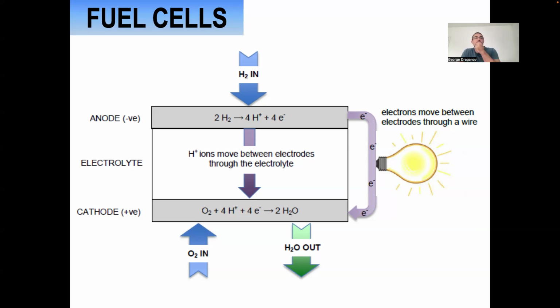But when you're dealing with these cells, it's the other way around. In order to avoid confusion, you're not expected to know the words anode and cathode in the context of fuel cells and batteries. All you need to know is negative electrode and positive electrode. And as you well know, the negative electrode is always going to be oxidation, and the positive electrode is always going to be reduction.